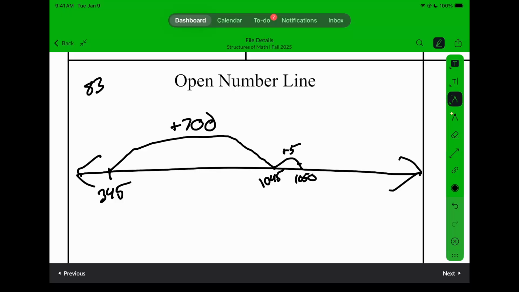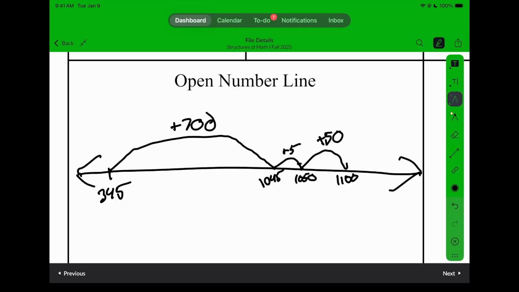We have 83 left. It's 1050. We still have to add 83. So what we can do, we could add 80, but an easier way we can do it is we can just add 50. That brings us to 1,100.